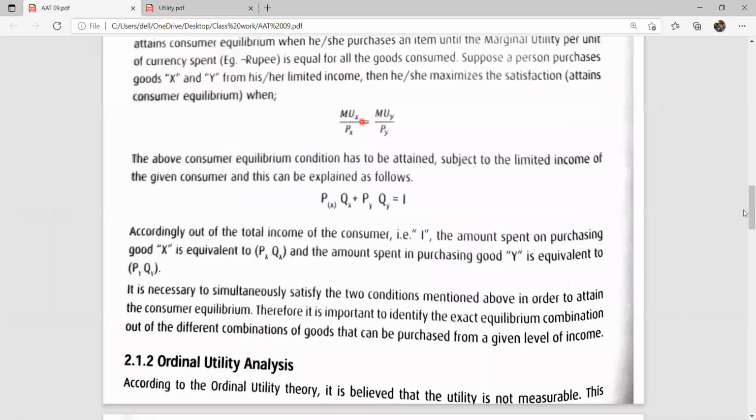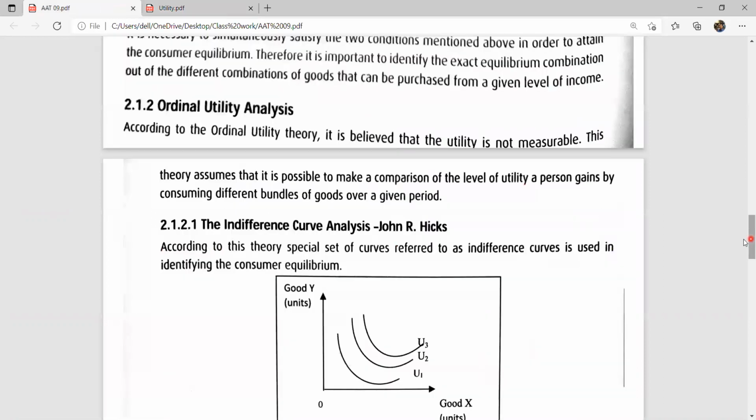Right. After discussing such a theory, we'll start the ordinal utility approach. What does the ordinal utility approach represent? Consumer satisfaction. Consumers are rational, but satisfaction cannot be measured.